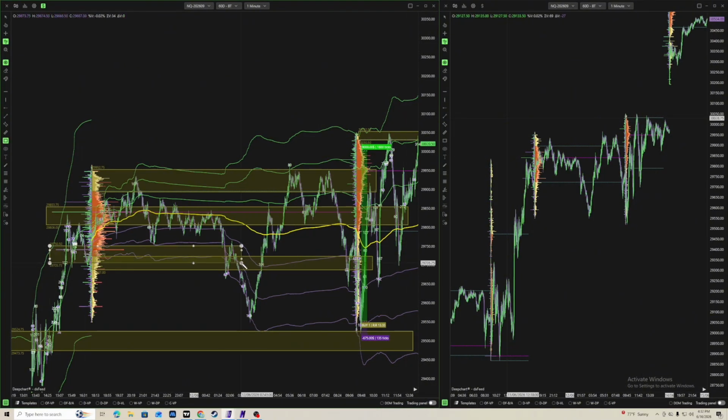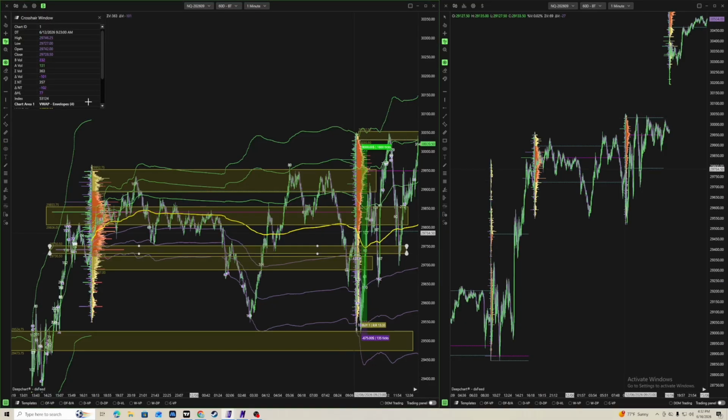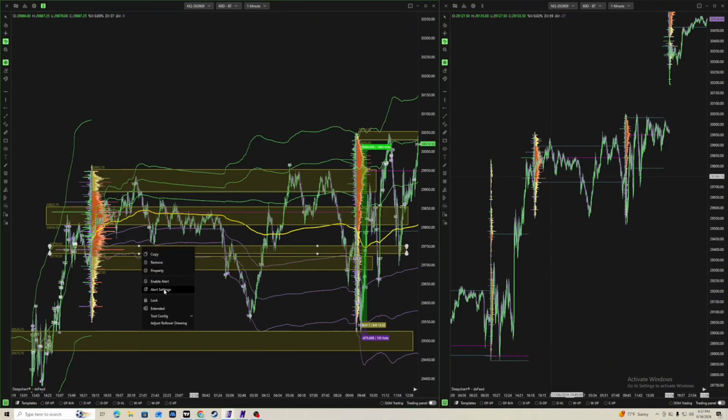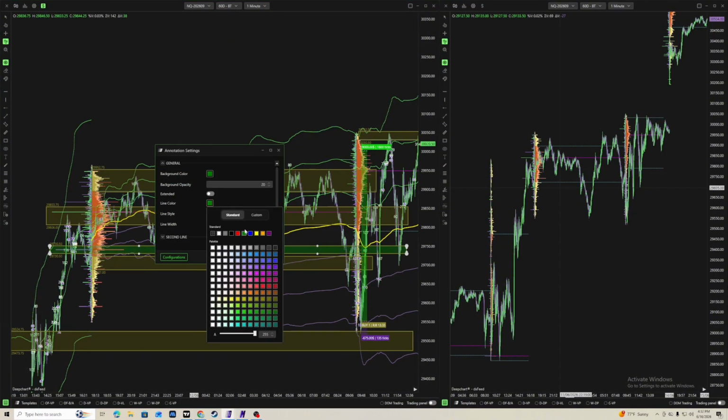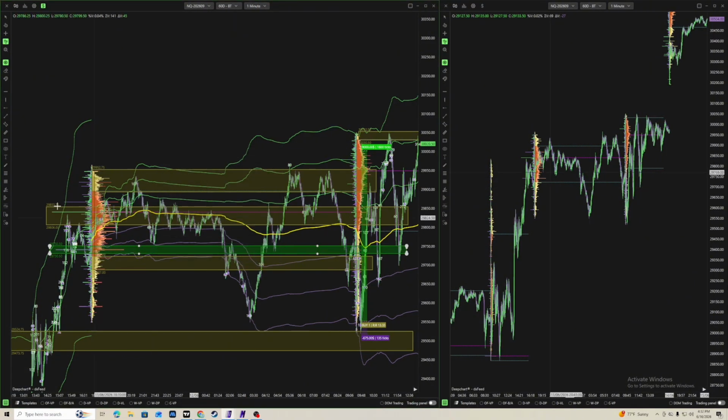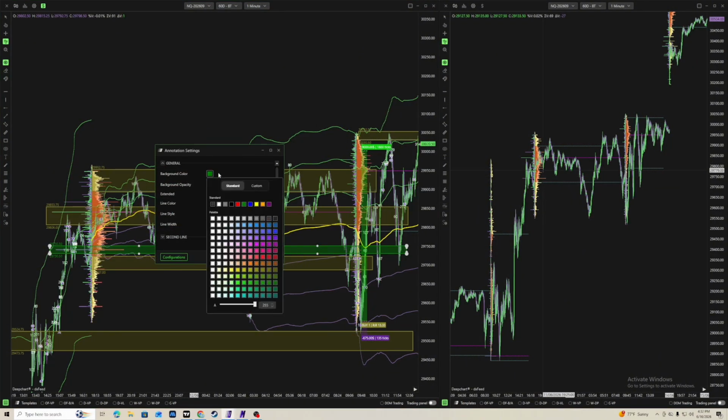Sellers are in control right here. So I want to see this level not hold and the other one hold. So let me just color these different. So I want to see this level of sellers not hold and get run through, and the other one hold.